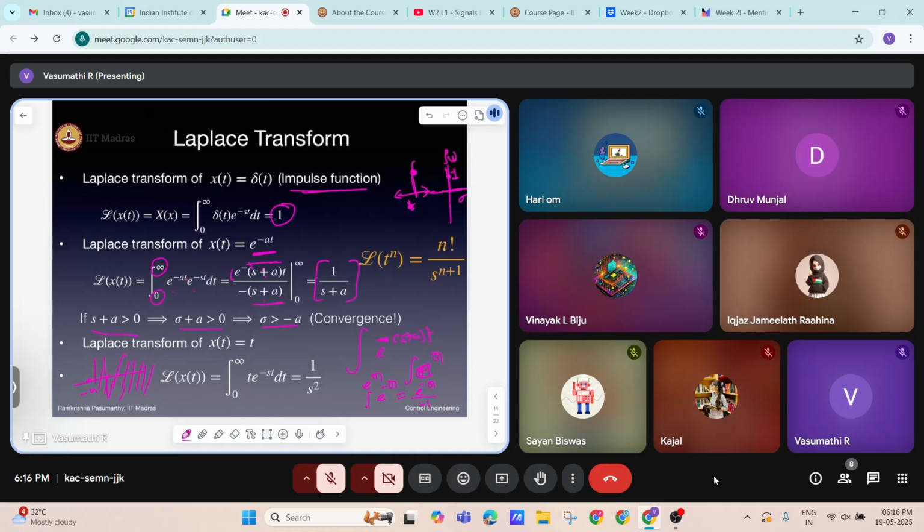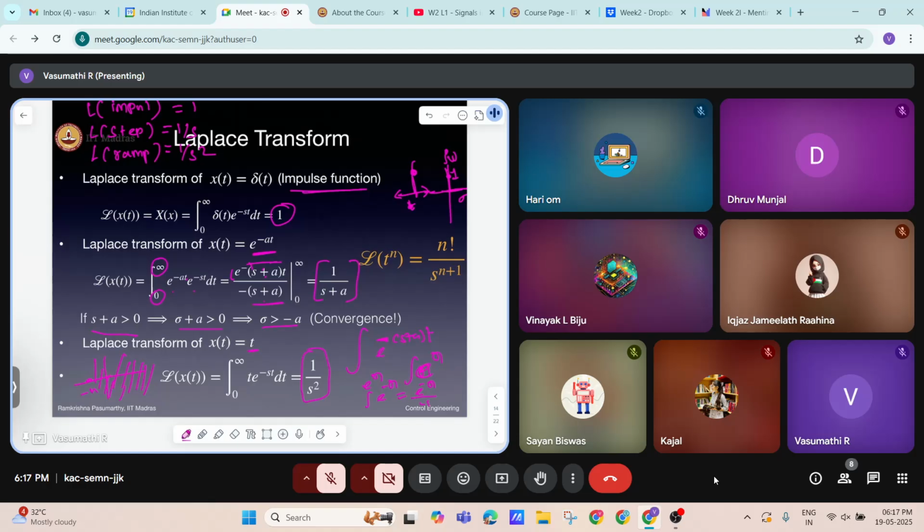Similarly, the Laplace transform of the signal t, that is the ramp signal, will be 1 by s square.